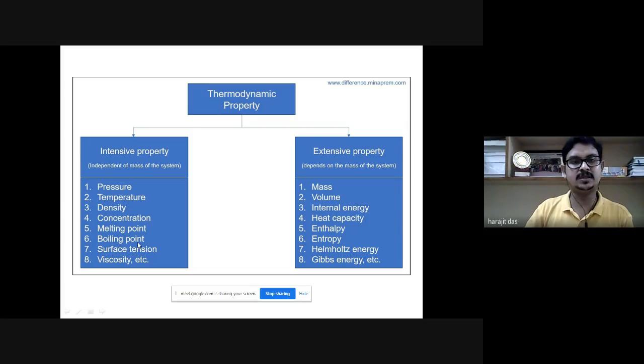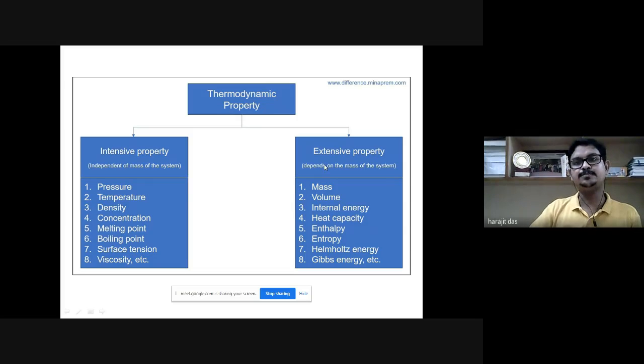For 10 ml of water, the boiling point doesn't depend on the mass. For 100 milliliters of water, or 100 liters of water also, the boiling point may be the same. Then surface tension, viscosity. All these properties are intensive properties. They do not depend on the mass of the system.